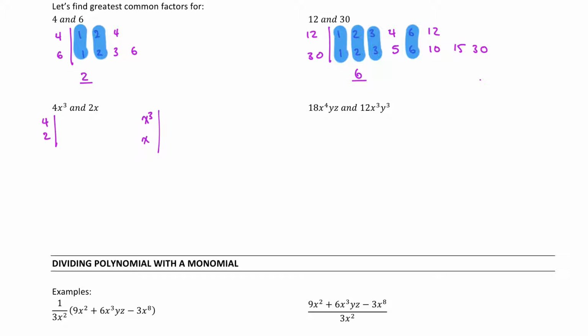For the values, my factors for 4 are 1, 2, and 4. And for 2, 1 and 2. For x cubed, I'm just going to write it out. It's multiplication of x, x, and x. And for x, it's just 1x.